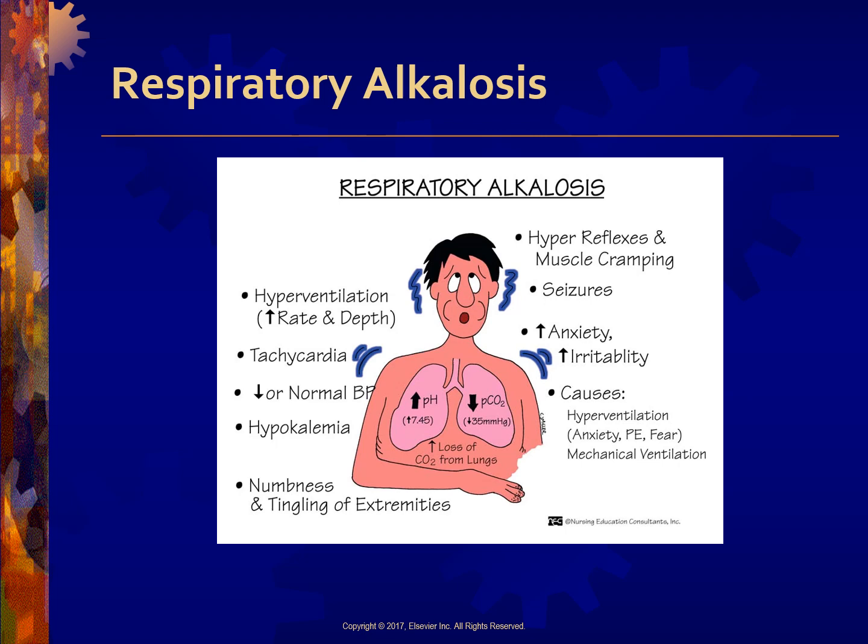You may have numbness and tingling in the extremities. You could have hyperreflexia and muscle cramps, potential of seizures, increased anxiety and irritability. So some of the causes: hyperventilation, anxiety, a PE, a pulmonary embolism, fear, or mechanical ventilation.